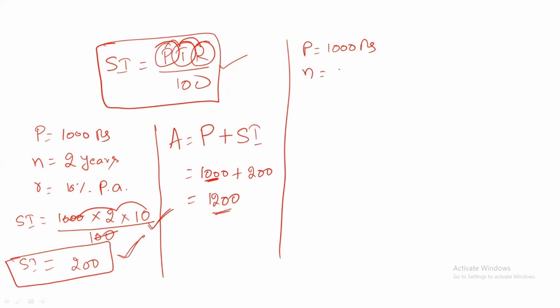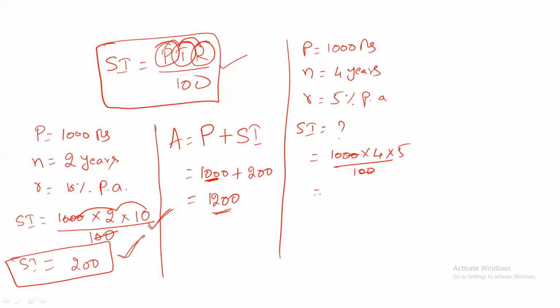Let us consider the number of years is 4 years, and rate of interest is 5% per annum. Can you calculate how much I need to return? Simple interest is 1,000 into 4 into 5 divided by 100.